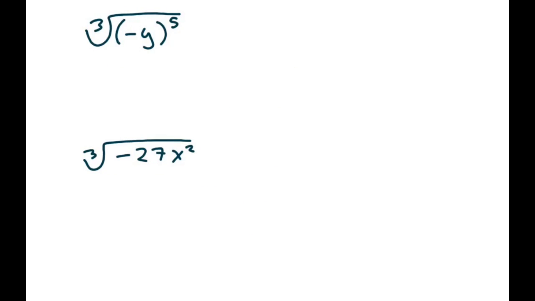The next two I have are this type. They have variables in them. With this one, I'm going to write this as negative y to the 5th, to the 1/3 power, because that's your root. That 3 just means 1/3.